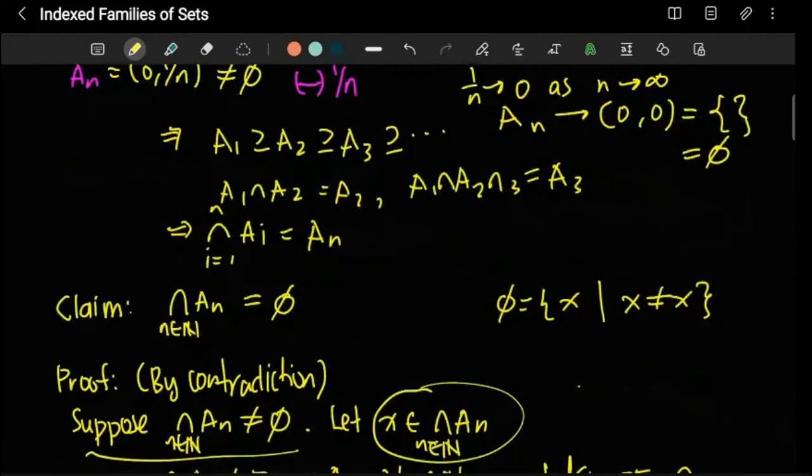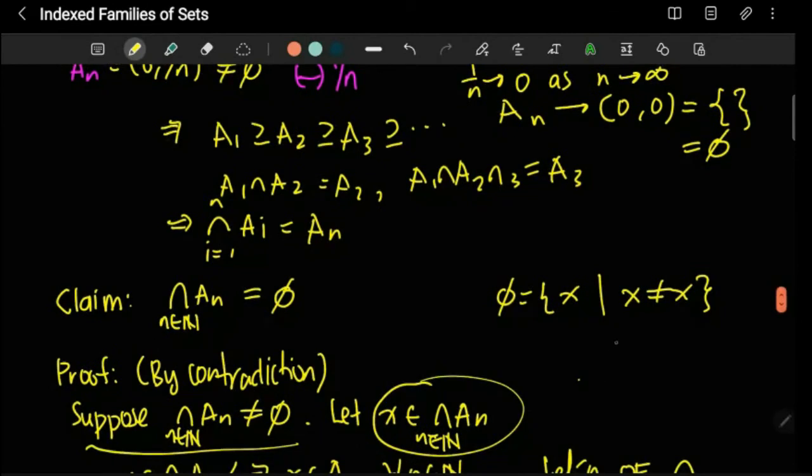So, it's possible that the intersection of a collection of non-empty sets is empty. Remember, these are overlapping sets. Others might argue, sir, maybe at some point the sets no longer overlap, so the intersection is empty. No. The sets are overlapping. They just keep getting smaller. If you take any two different A sub n, they have an intersection, and it is non-empty.